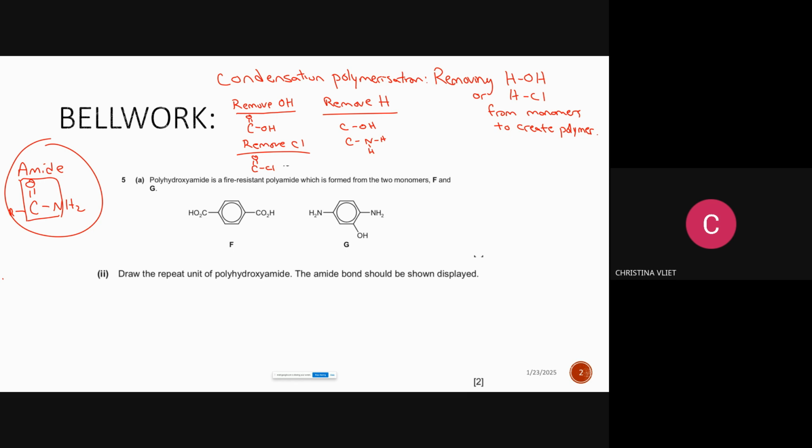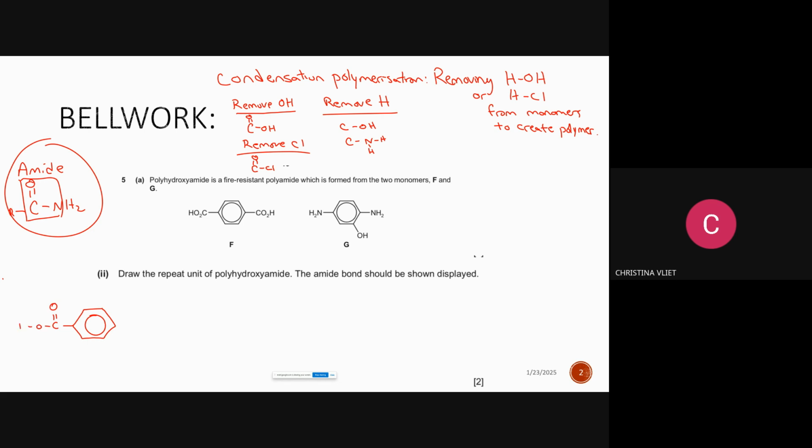So looking at this molecule, F, what type of functional group is that? The carboxylic acid, which means we would have to remove an OH from it. When you're trying to put together what happens, it may help to first write everything displayed. It makes it easier to see what you have to do. So I'm going to rewrite this displayed.